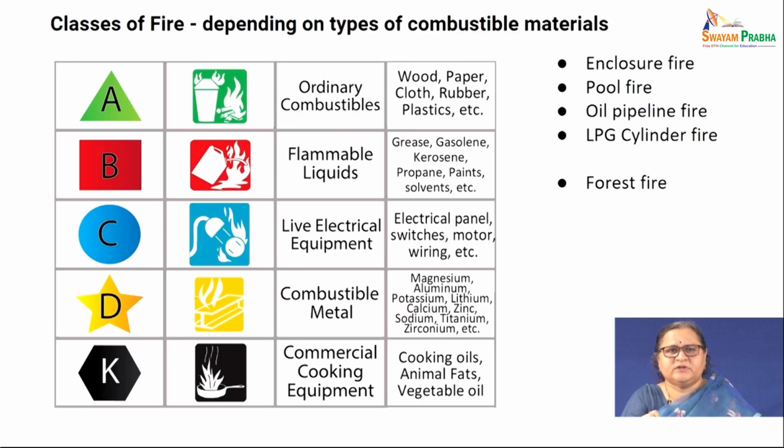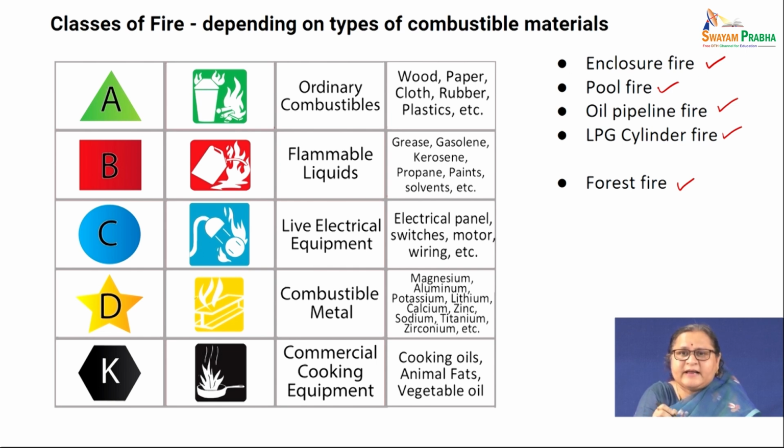Now, let us move to the next, which is the classes of fire. If you see the list here: enclosure fire, pool fire, oil pipeline fire, LPG cylinder fire, and the last one is the forest fire. Yes, forest fire is not under our purview, but it leads to a lot of environmental losses. But we are mostly into the enclosure fire.